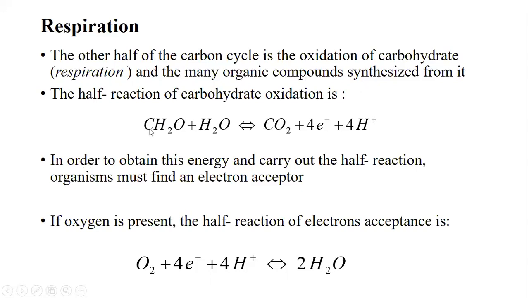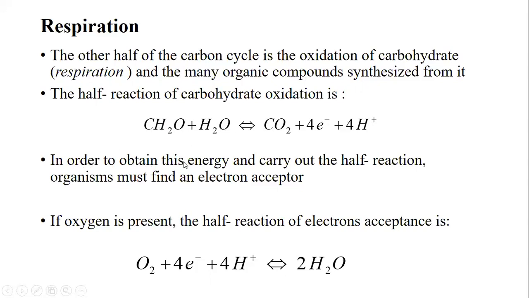If you look at this equation, it is a balanced equation. Look at the atoms or the elements on the right and on the left, they have to be equal. The charges have to be positive and negative, the same. 4 negative, 4 positive to give you 0 charges.